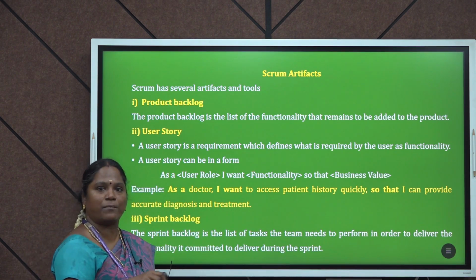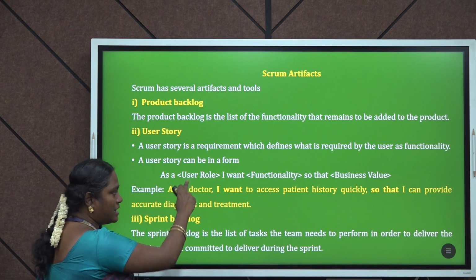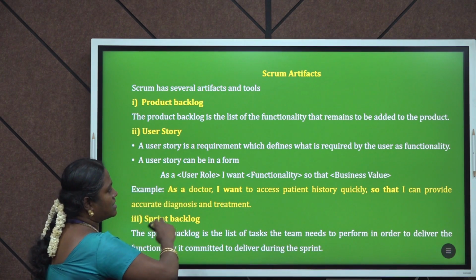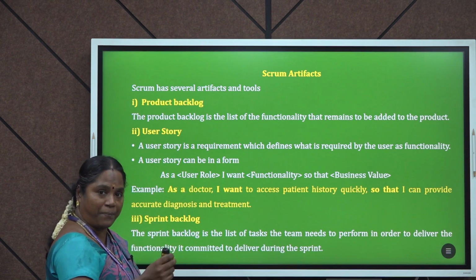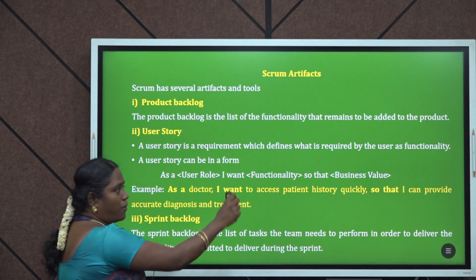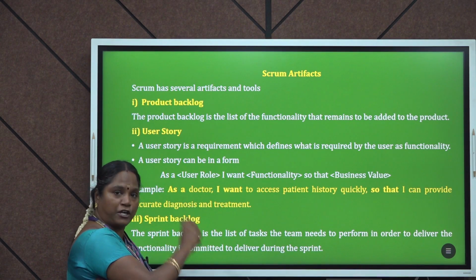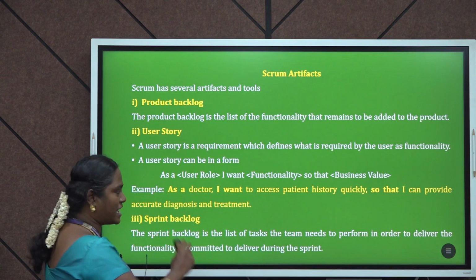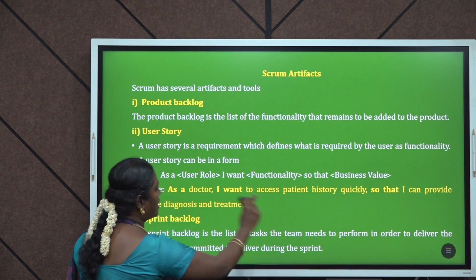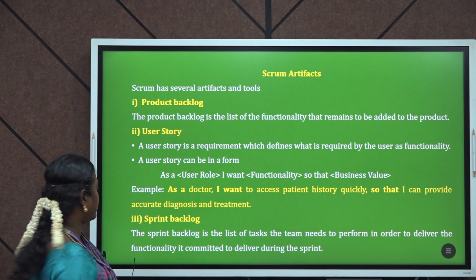This is the requirement of the patient. In the meantime, we can get it in user story format: as a patient, I want to book the session online so that I can avoid waiting in a queue. So a simple story can be described in the format of this user story requirement.